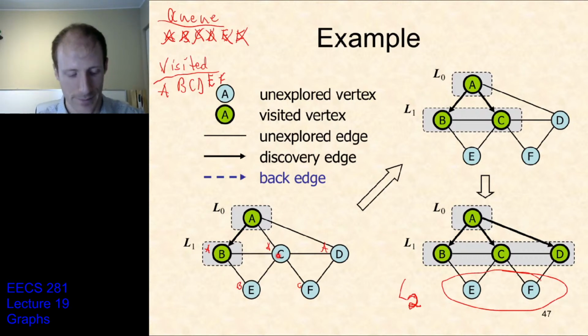So that's distance 1. And then at C, we can see that C was reached from A, so we're going to go back and we count 2. So that is how you would recover the shortest path and the distance from your breadth first search.